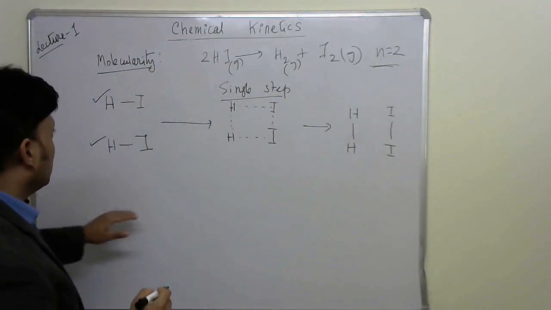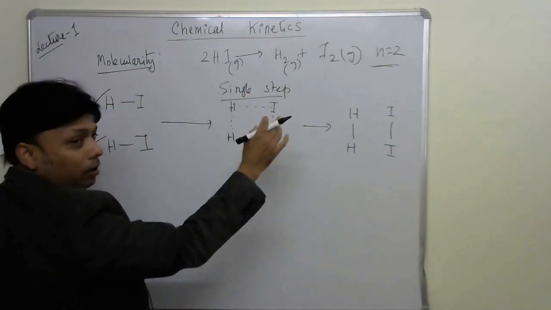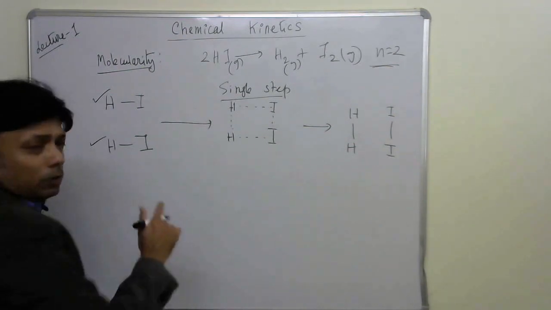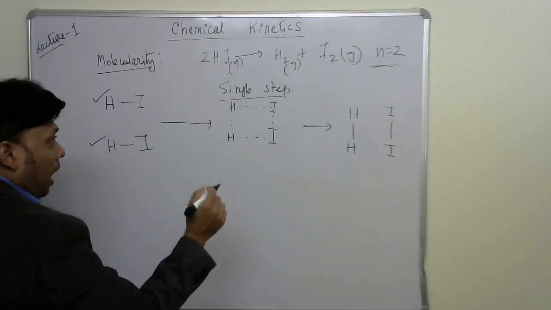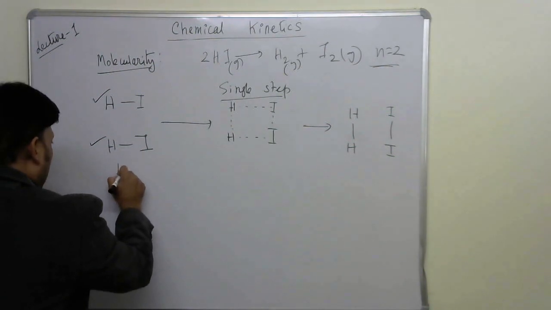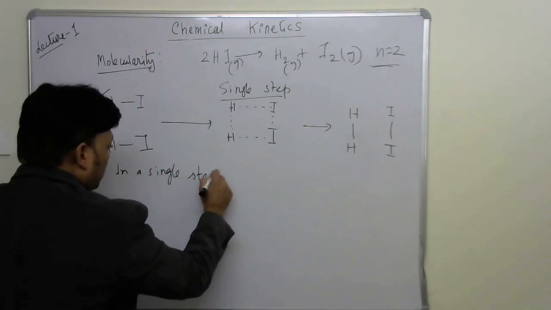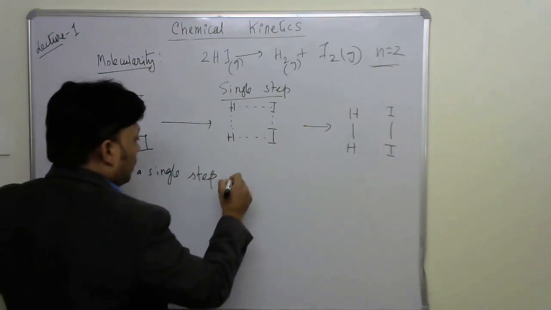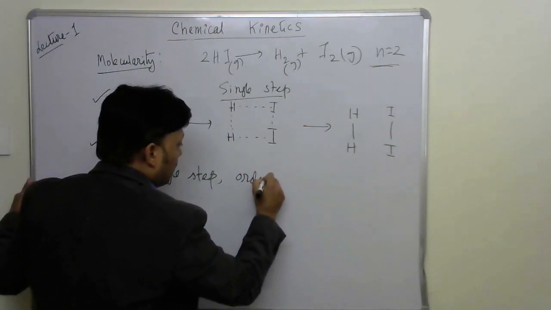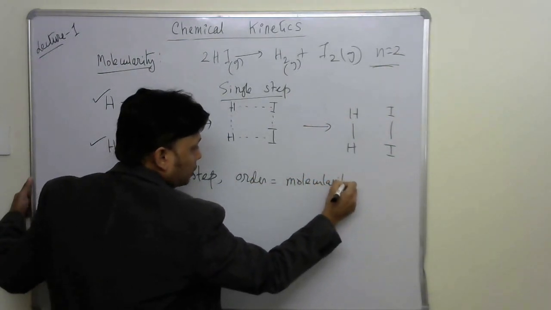From this, we can try to make a correlation between the order and the molecularity. We will come to the definition of molecularity now, but before that we can say that in a single step reaction, the order is equal to the molecularity of the reaction.